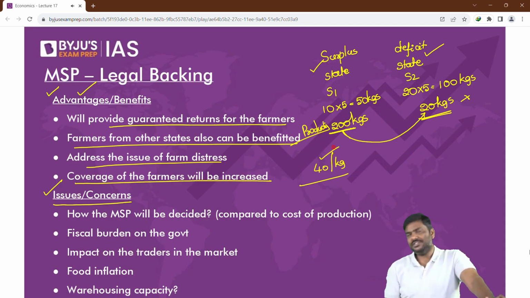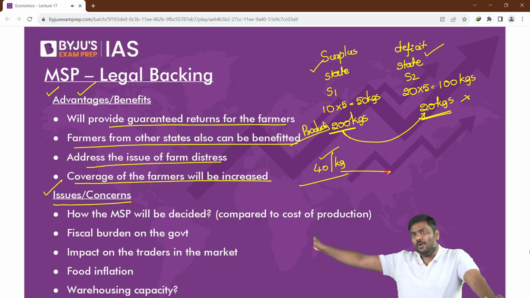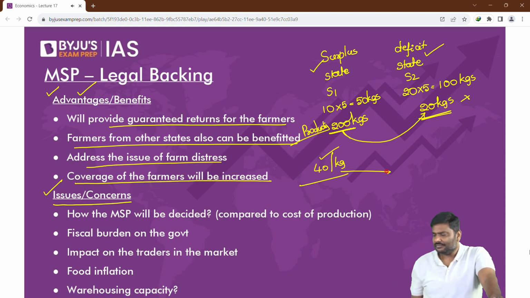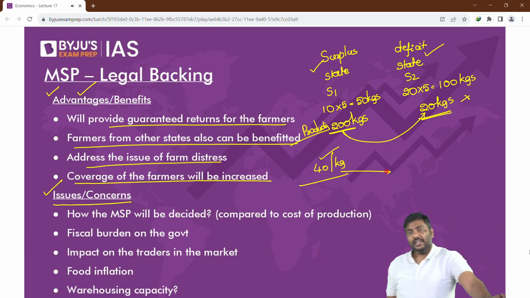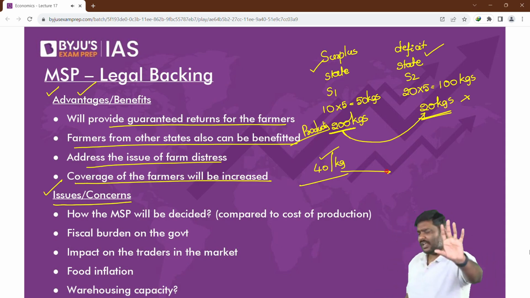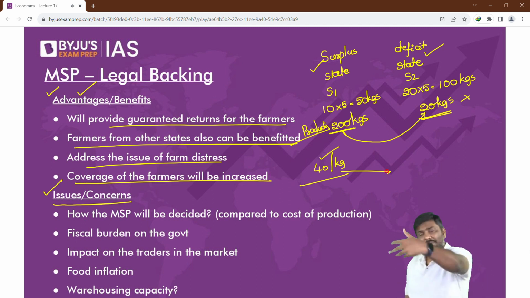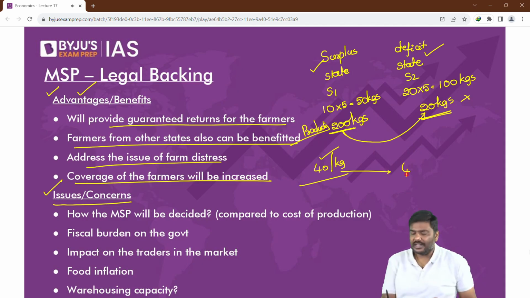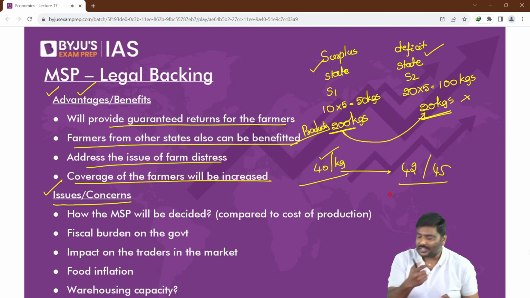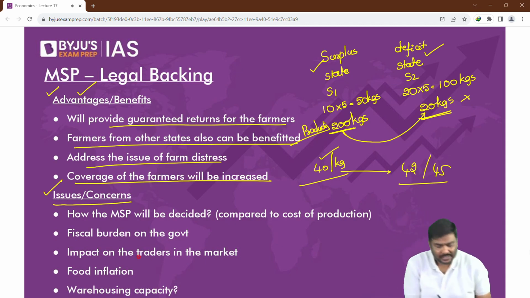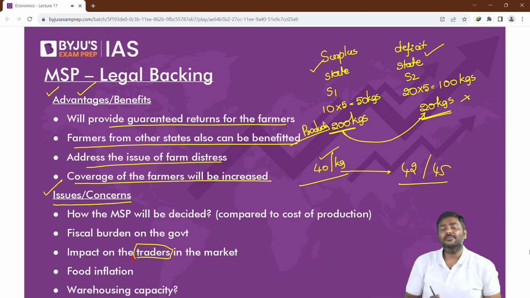Now you tell me, if government is guaranteeing you 40 rupees per kg, will you sell it to anybody else in the open market at less than 40 rupees per kg? Think of it. If government says any crop under MSP, don't worry, bring it to me, I will give you 40. Will you sell it at less than 40 to anybody else in the market? No. You will sell it at 42. You will sell it at 45. You will sell it at 46.